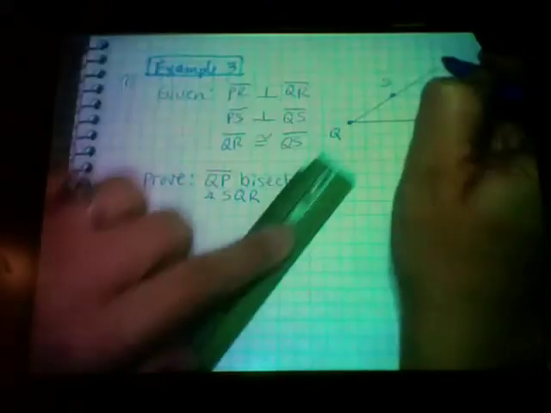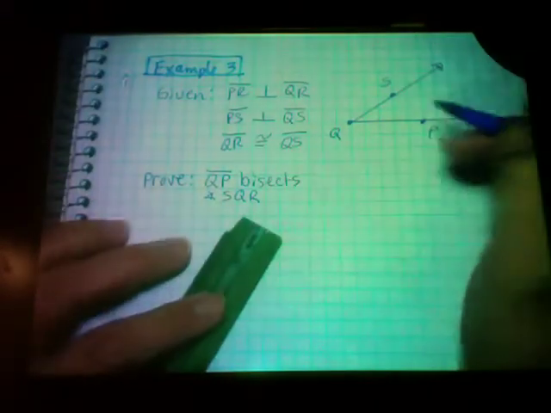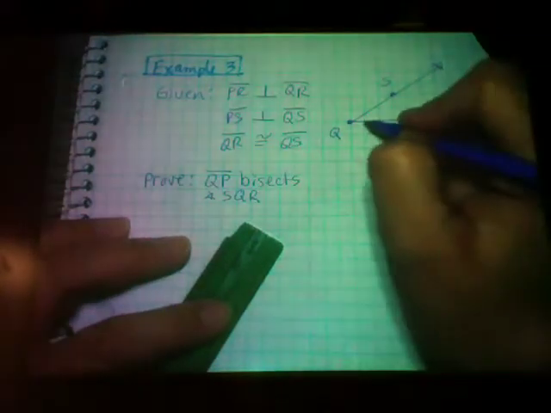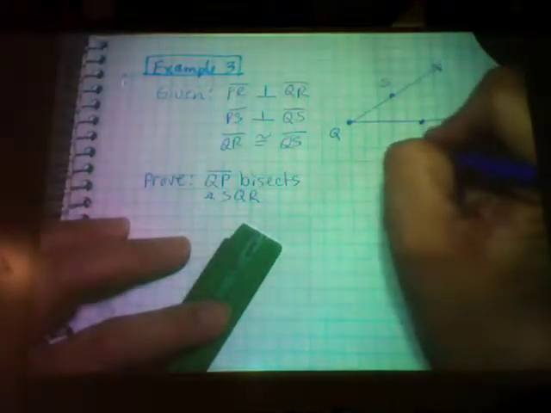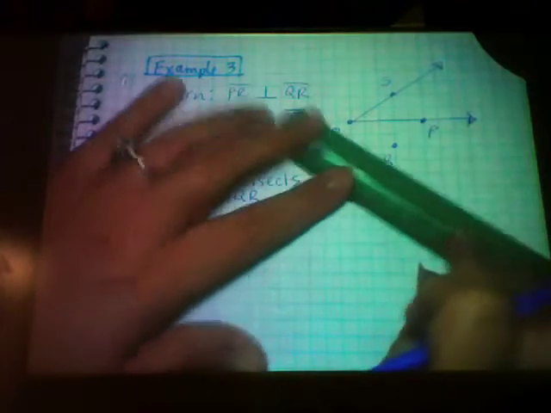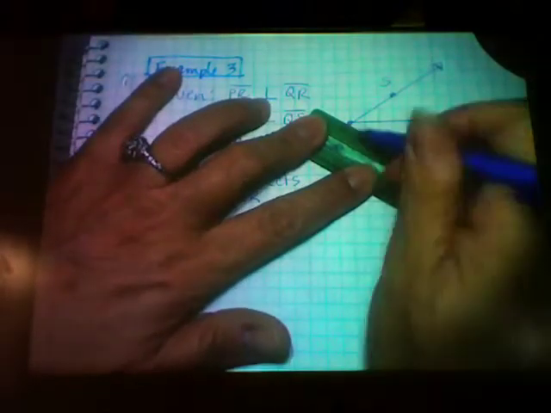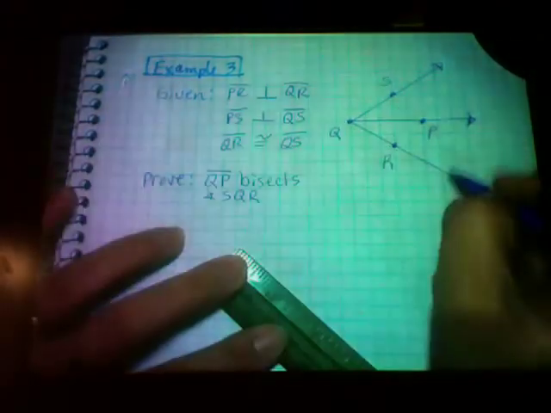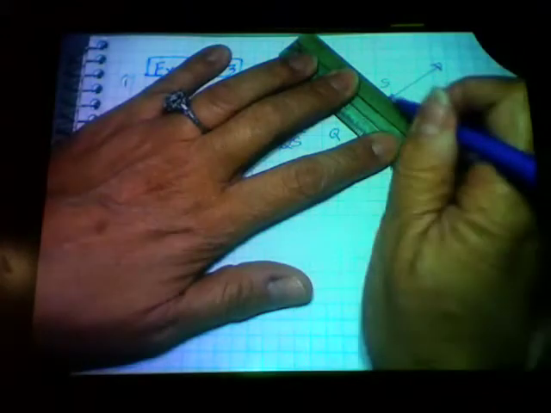I want you to draw another ray from Q through S. And R is here. Draw another ray from Q through R. And then connect R to P and P to S. And then you're going to have statements and reasons.